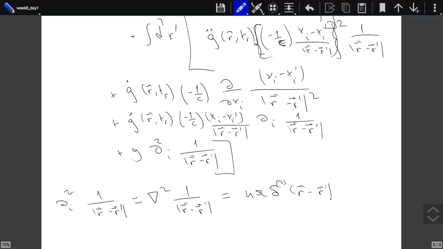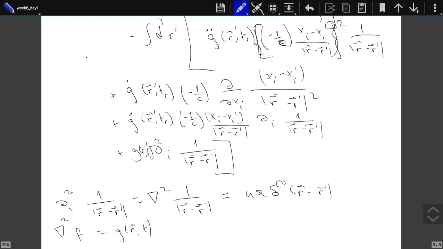So it's kind of trivial to evaluate that integral. So we started with Laplacian acting on f is equal to. Now here we have this Dirac delta. I can just evaluate the r prime integral. Keep in mind that G has the arguments r prime and tr. So this is equal to G of r, t.